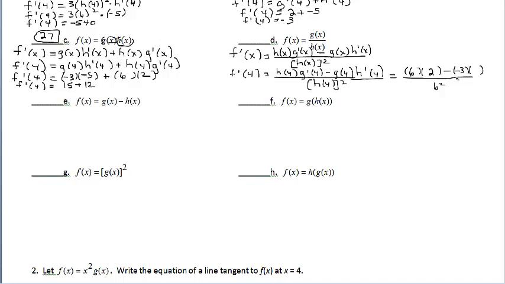And h prime of 4 is negative 5. So in the numerator it's going to be 12 minus, this product is 15, over 36. So negative 3 over 36, and that's going to reduce to negative 1/12.